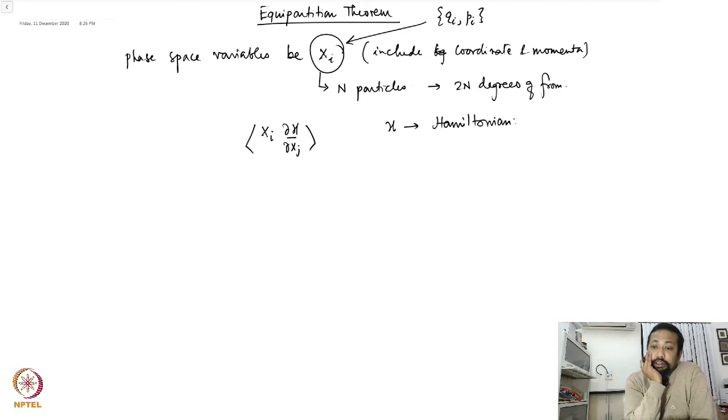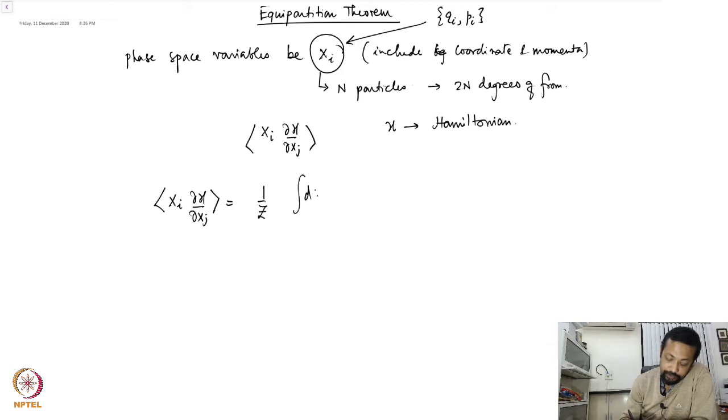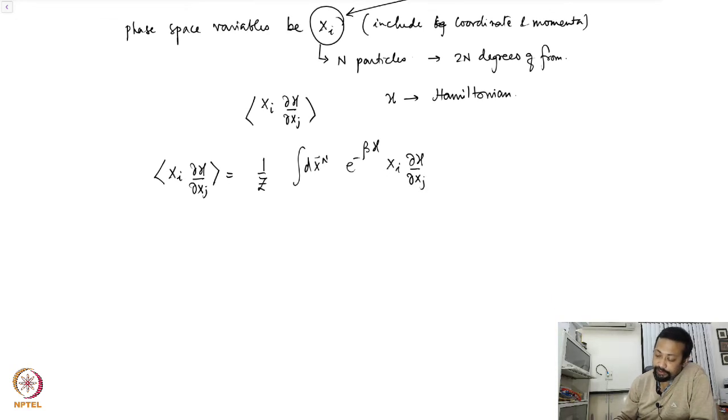By definition, the average of x_i del H del x_j is equal to 1 over Z, integral of d^n x, which means x_1, x_2, and so on, e to the power minus beta H, x_i del H del x_j. Now let's focus on the integral over x_j.